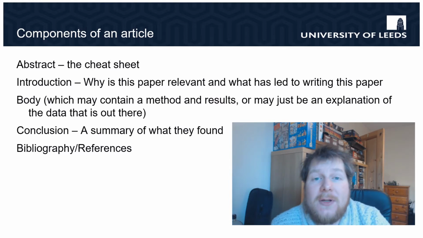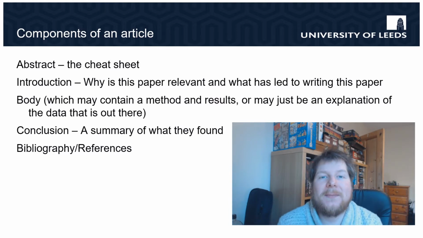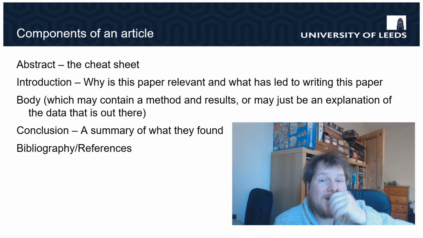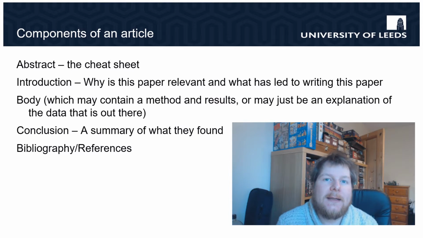It will remind us of those. As I say, it's not trying to tell us anything particularly new. We don't want to be surprised by this conclusion, but it's supposed to be reiterating what we have found. So the conclusions can be very useful when looking at other people's work, because we can get a very quick idea of what has been determined within that body of text beyond what has been said in the abstract.